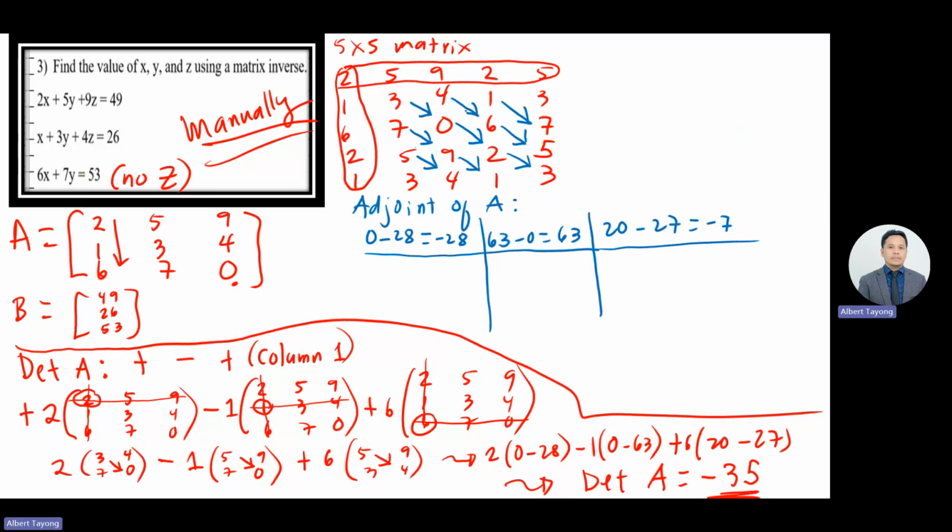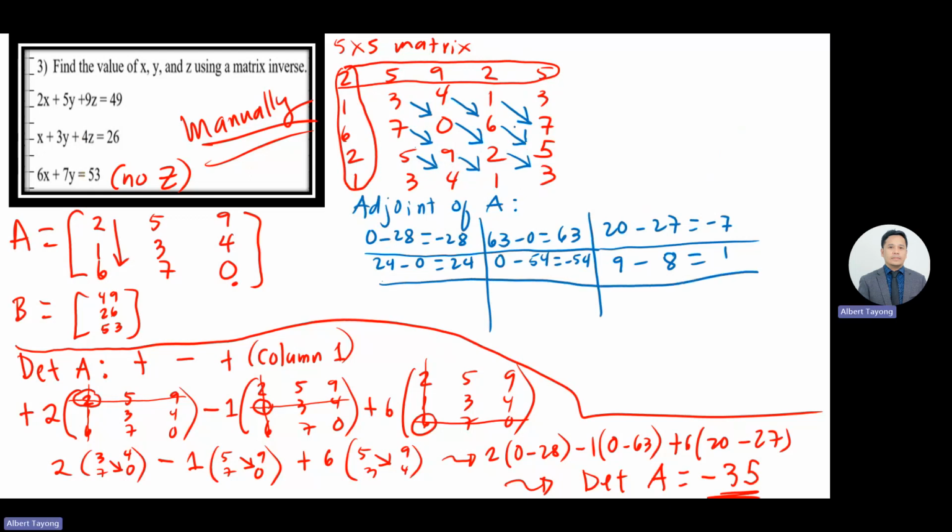Then let's go to the next 3 arrows. Start with 4 times 6, 24, minus 0 times 1, 0 equals 24. Then 0 times 2 is 0, minus 9 times 6 is 54, equals negative 54. And the last 9 times 1 is 9, minus 4 times 2, 8 is equal to 1.